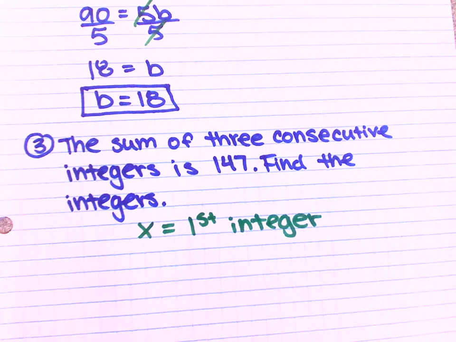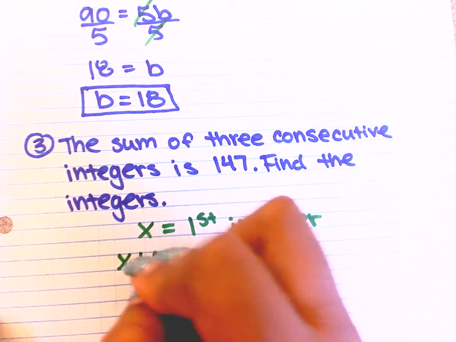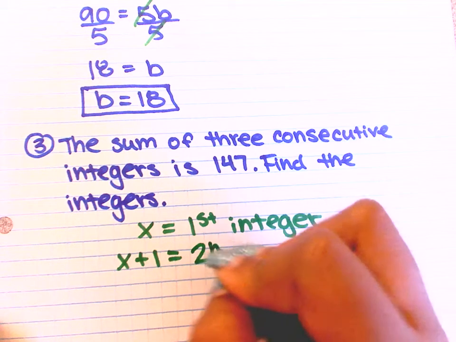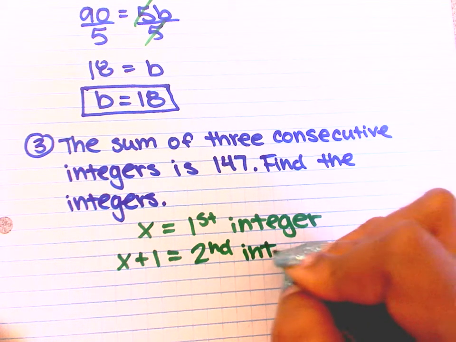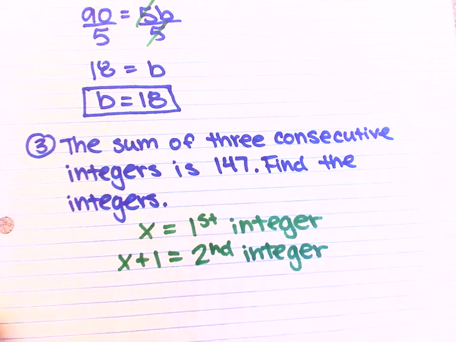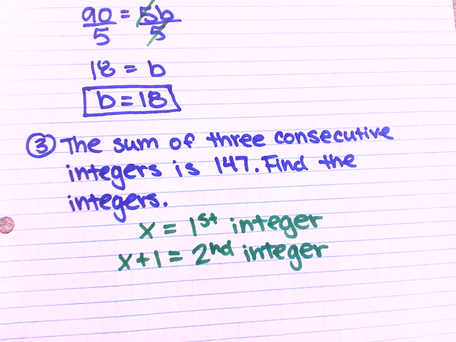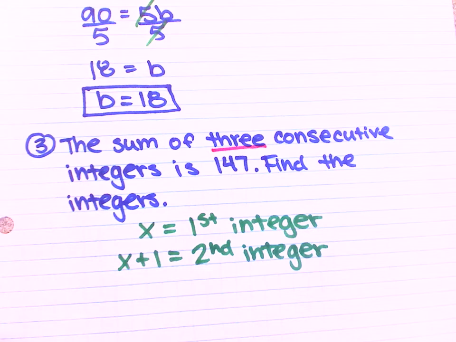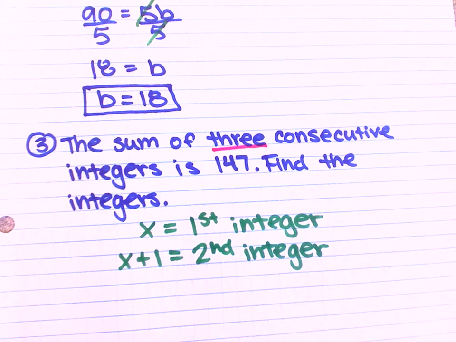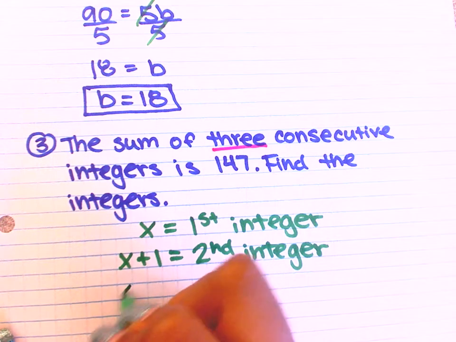Now, if x represents my first integer, and it increases by 1, then x plus 1 is going to be my second integer. But it told me I need 3 consecutive integers, so I need to do one more. So if x is my first integer and x plus 1 is my next consecutive integer, x plus 2 will be my third integer.